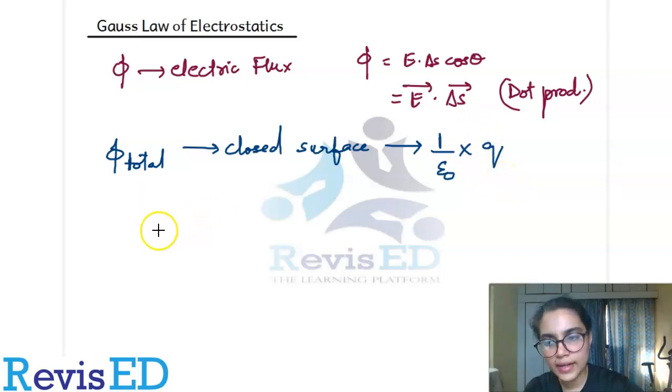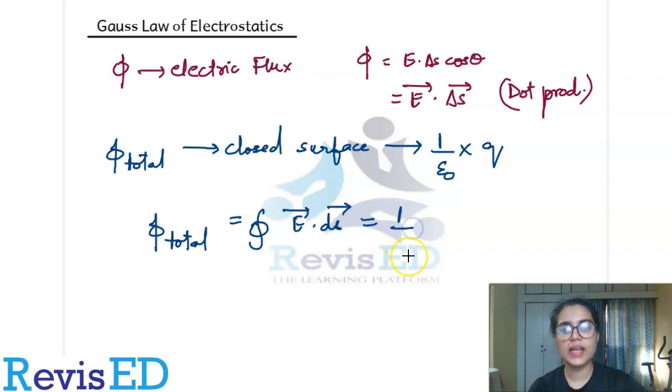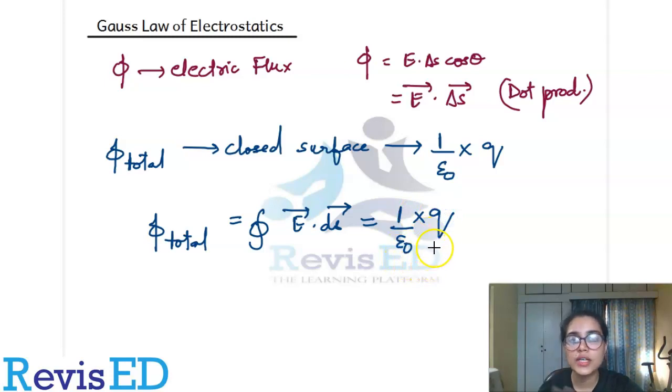So we can write that the total phi for the body is the closed integral of E dot ds, the dot product of these two. This theorem states that the total flux linked with a closed surface is 1 by epsilon naught times the charge enclosed by that closed surface. This is the statement of Gauss law of electrostatics.